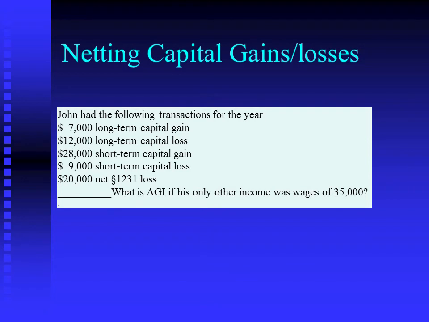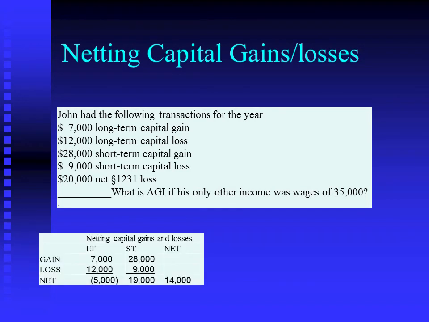All right, so here's our facts again. Here's our netting process. We are not including the $20,000 in our netting process because it is a net 1231 loss. Therefore, it's an ordinary loss deductible in full. And that is a true statement whether you are an individual or a corporation. You get to take the $20,000 off the top.